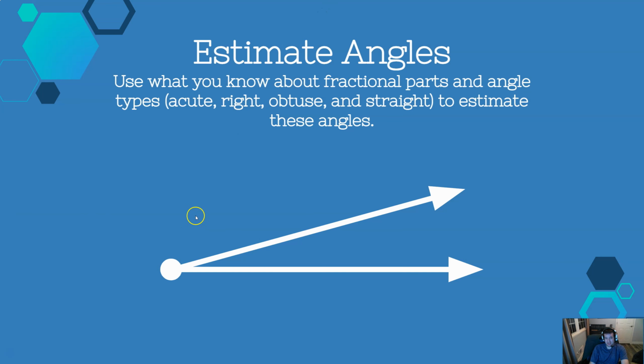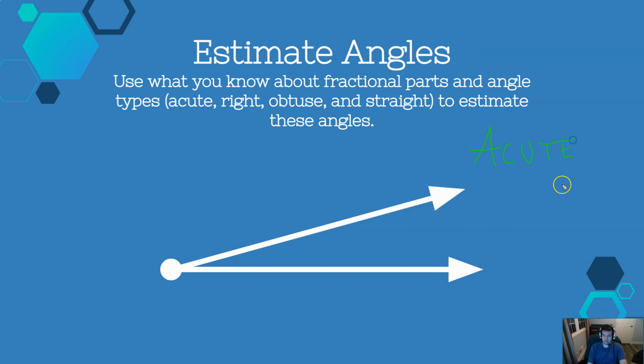How many degrees do you think this is? Well, first thing that you should always do is determine what kind of angle it is. Is it acute, right, obtuse, or straight? Because obviously, if you think it's obtuse, right, then your measurements are going to be really high. If you think it's acute, your measurements are going to be really low. In this case, we would say it's an acute angle.